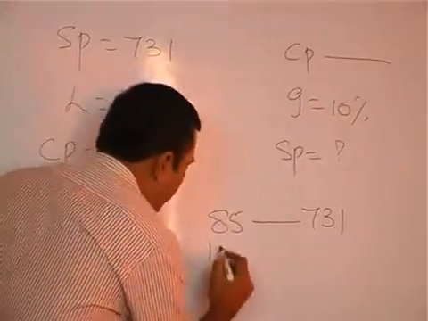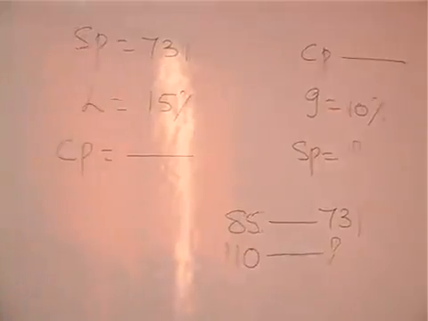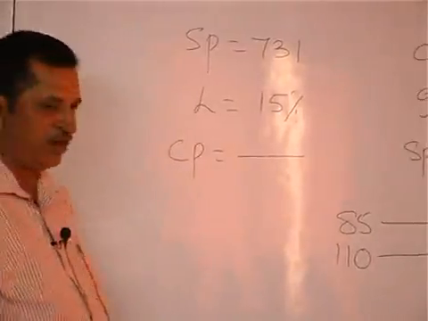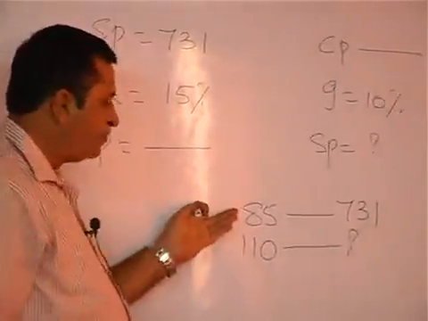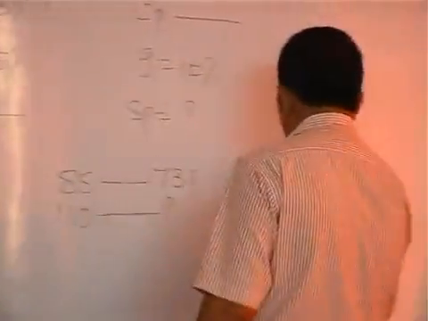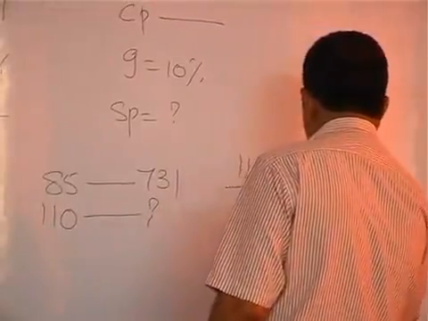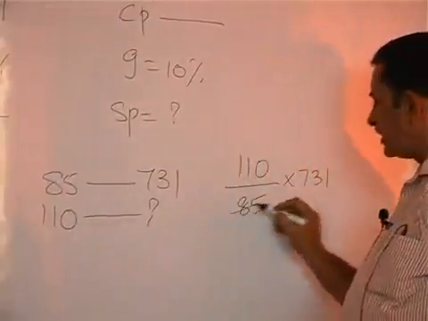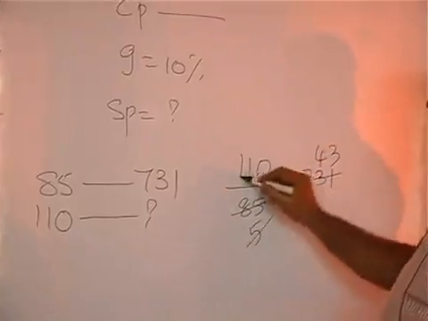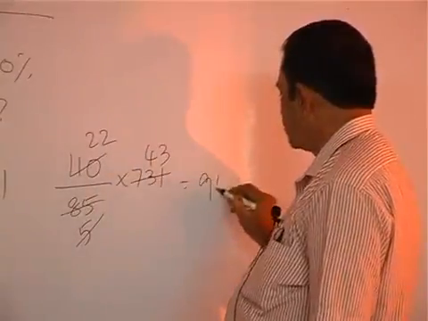So 110 will be equal to how much? 85 is 731 means 110 will be equal to how much? Definitely compared with 85 the value of 110 will be more. So more by less into 731. 17 fives, 17 43s, 5 22s, 946.